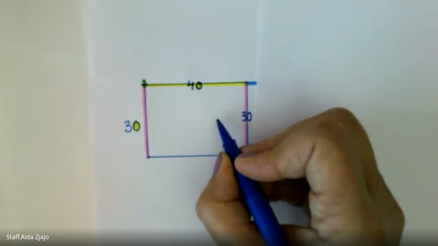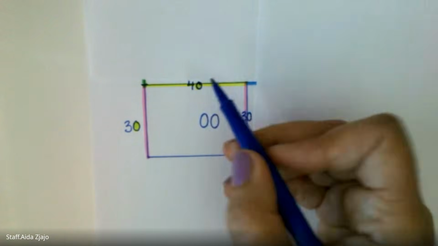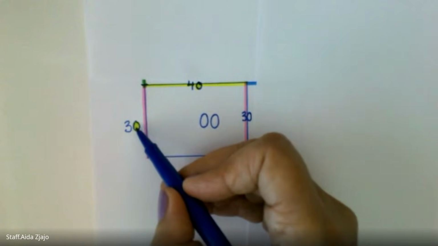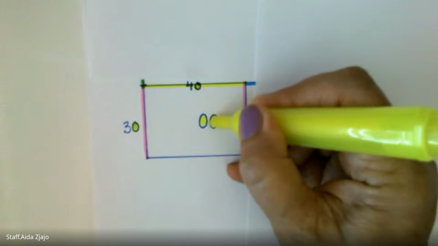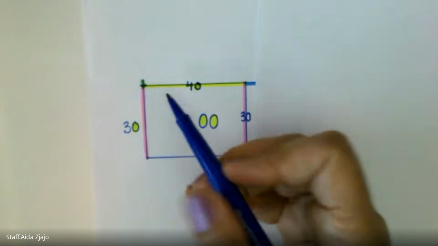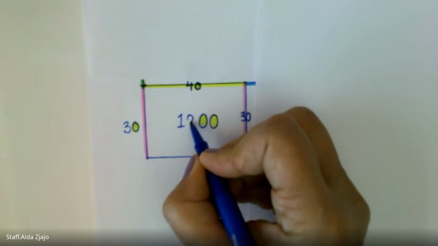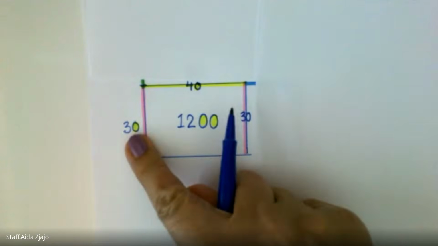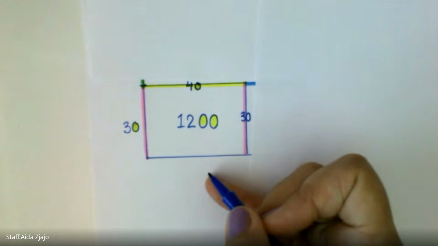So I can add 2 zeros to my product. From this 4 times 10 is 1 zero, and from here also 1, so that can go directly to my product. All I need to know is 3 times 4, which is 12.